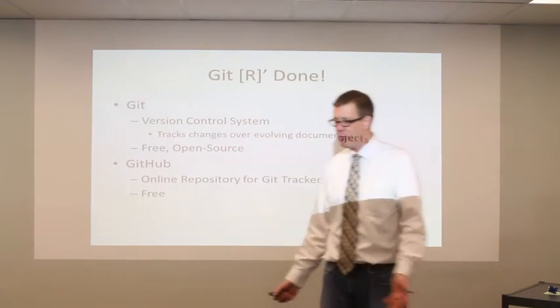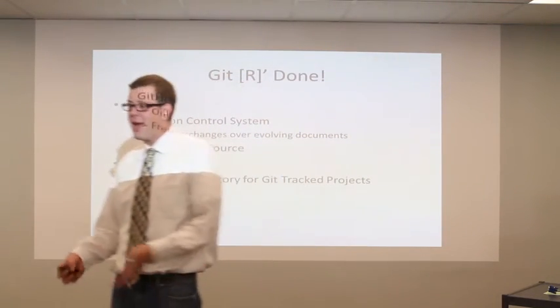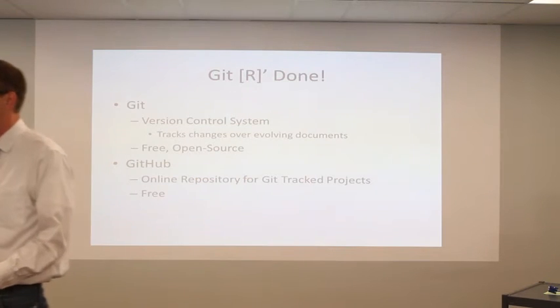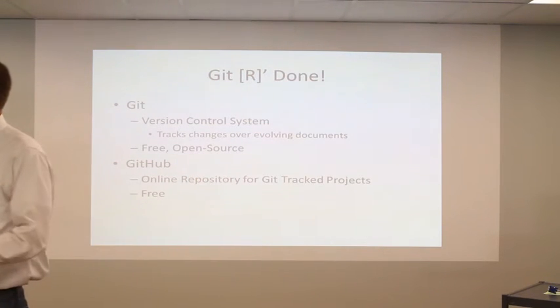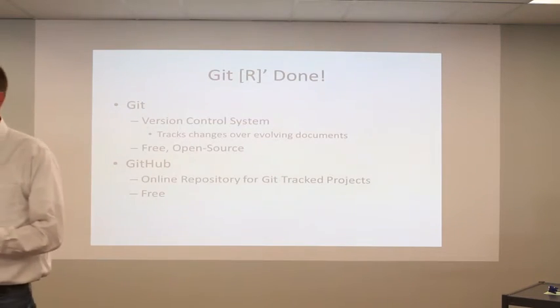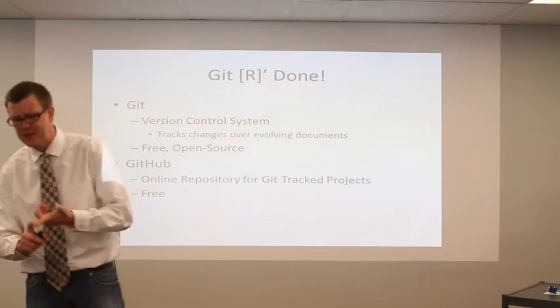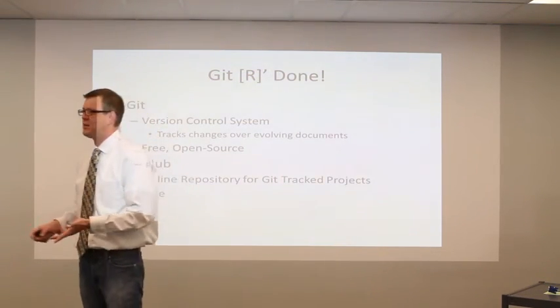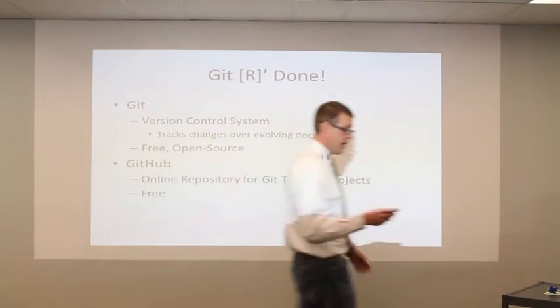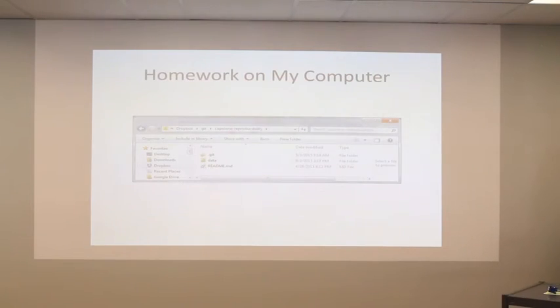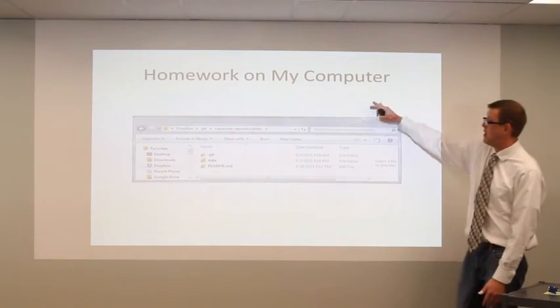So a Git-tracked project can be practically anything. It could be a student's art portfolio, although if your student is an art major, I would imagine that a more appropriate location to house their stuff would be DeviantArt as opposed to GitHub. But for data analytic types of things, GitHub's a great place. So I have homework on my computer.